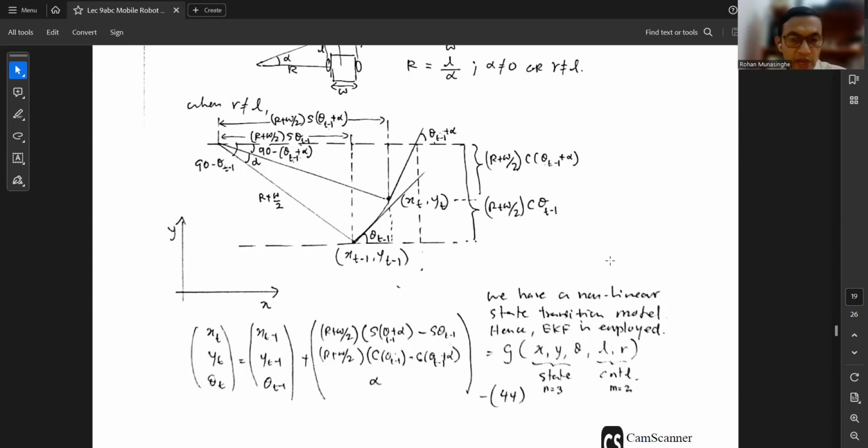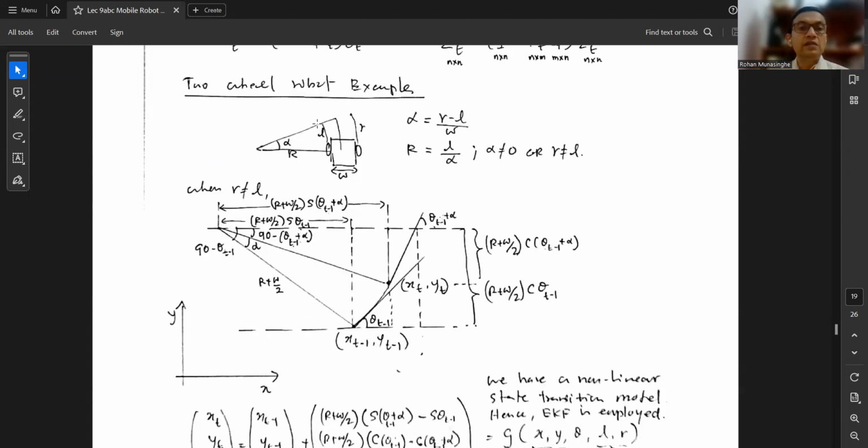Now, what are the independent variables here? Is R a variable? Yes, R is a variable because it comes from the left wheel and right wheel positions, right? So, in fact, the controls are L and R here. L and R. How much the left wheel turns, how much the right wheel turns. These are the variables, right?